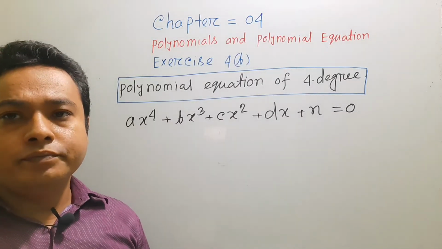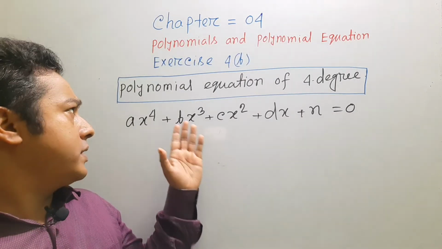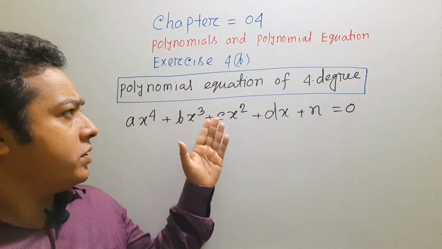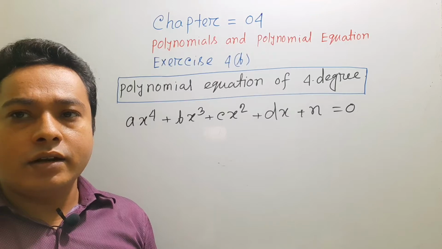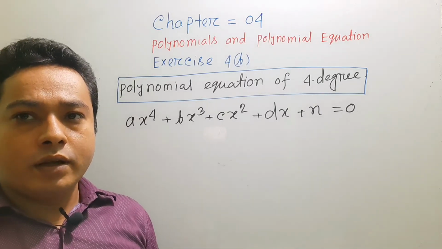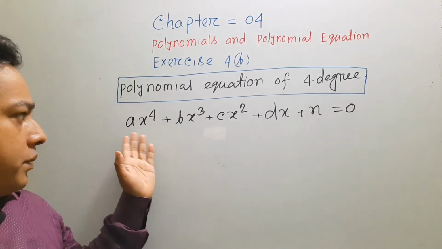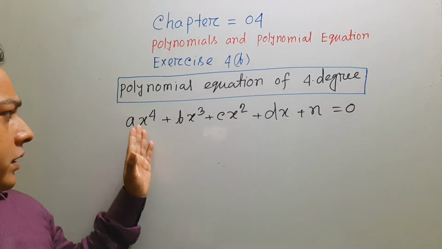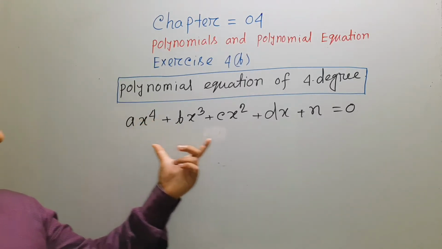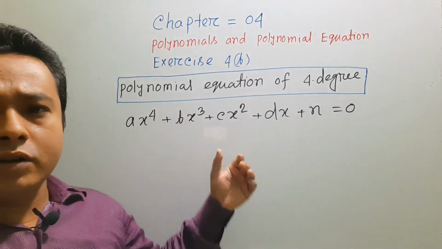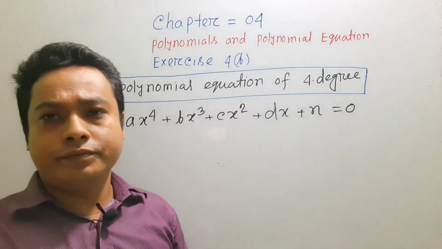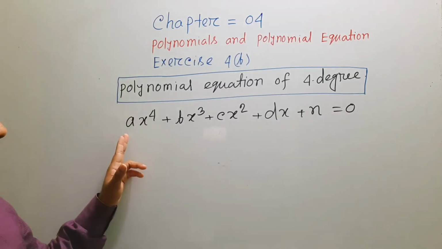Now dear student, the topic is the polynomial equation of 4th degree. If in a polynomial expression the degree is 4, then this type of expression is called a polynomial equation of degree 4. Here is the standard form.